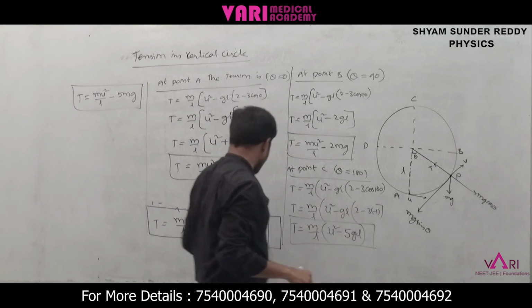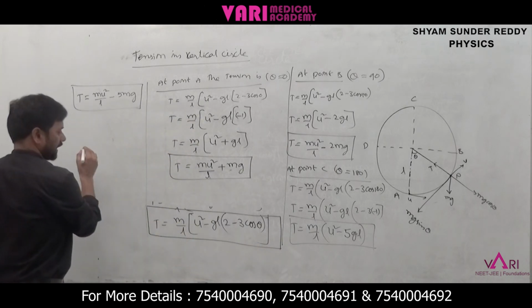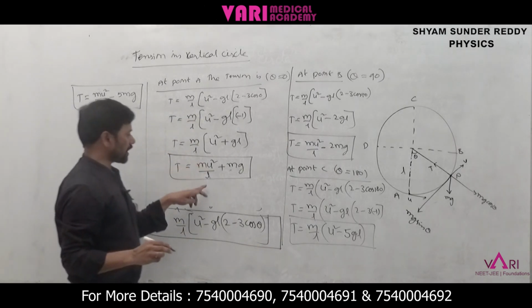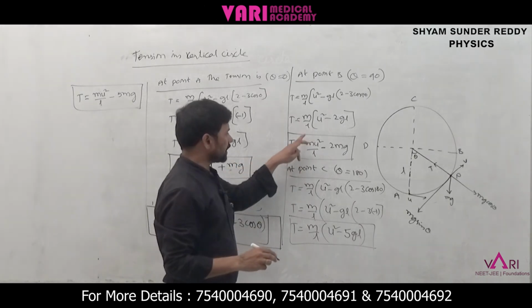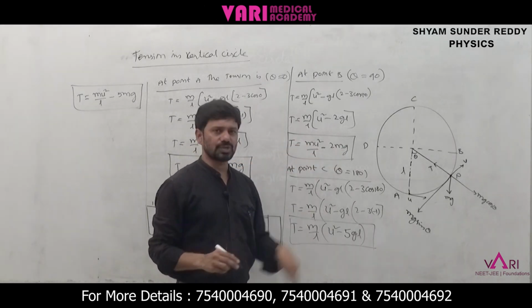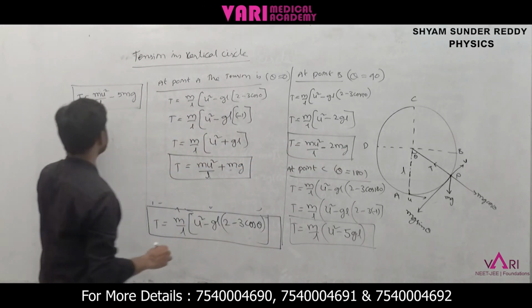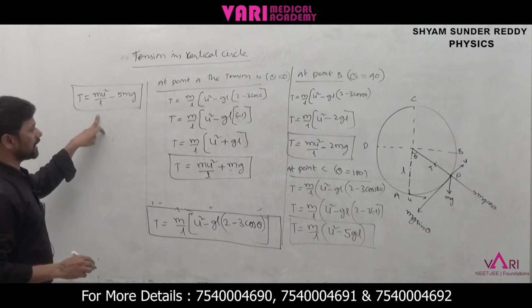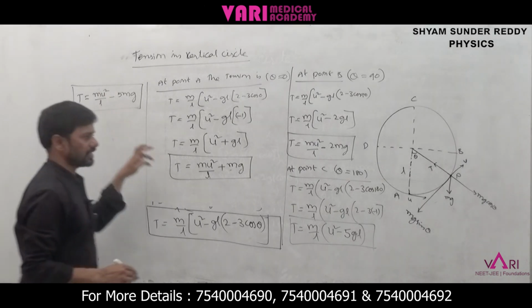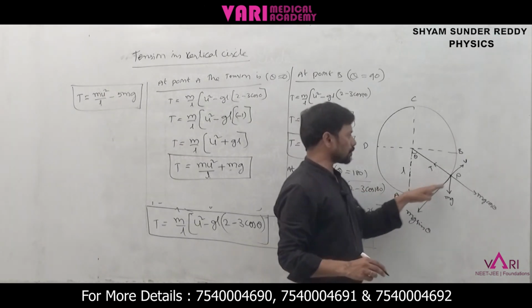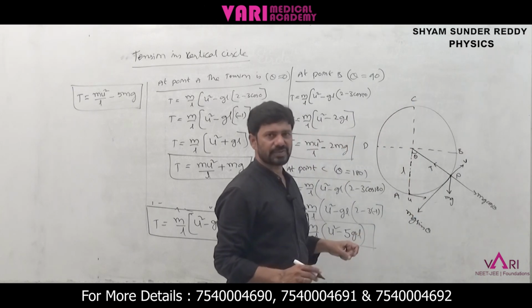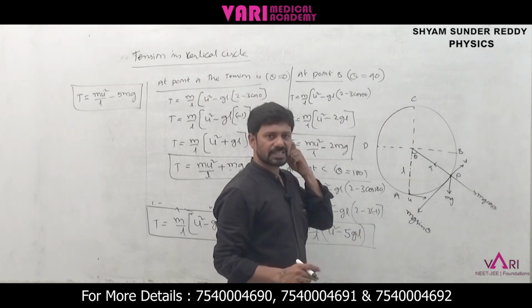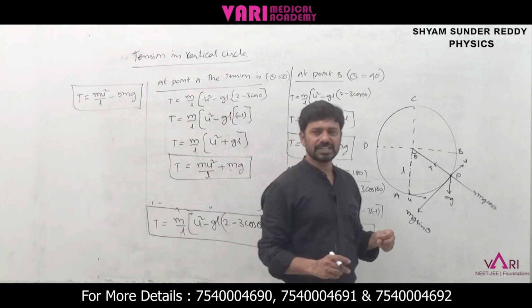At point A it is mu square by L plus mg. At point B, mu square by L minus 2mg. At point C, mu square by L minus 5mg. That's why tension decreases from the lowest point to the highest point in a vertical circle. In a vertical circle, tension decreases.